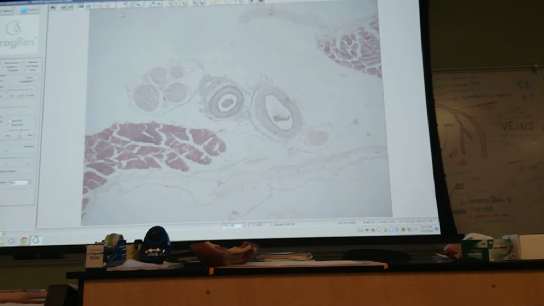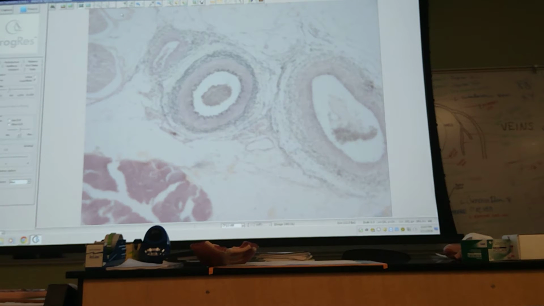And we have an artery, and we have a vein. So, first, let's get a little more magnification and a much better focus. Okay. An artery or a vein are tubes.